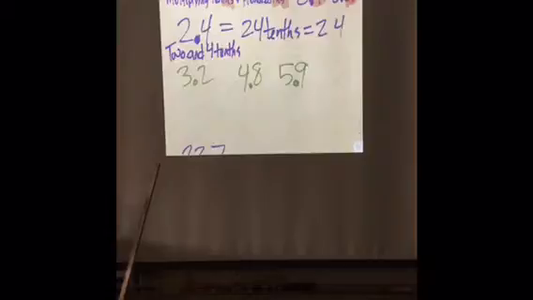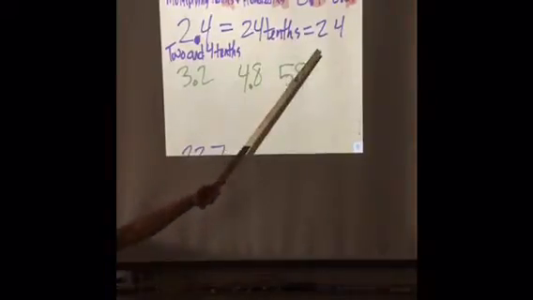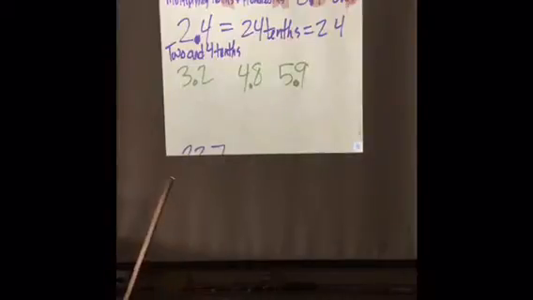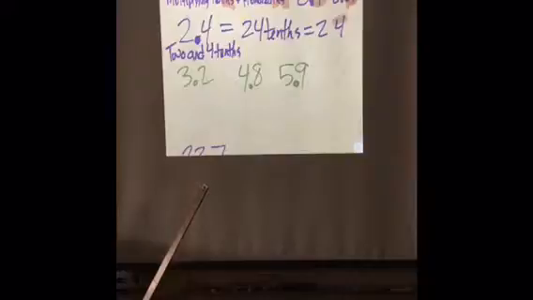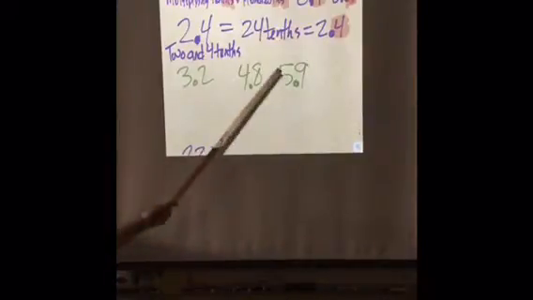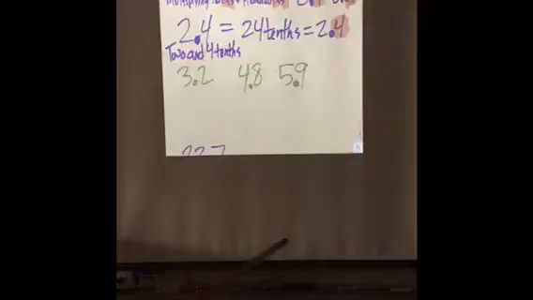I have my 24, and when I'm saying tenths, how many places are behind the decimal? One. So if you notice, I could highlight my one thing, and I could put my decimal point right in front of it. And 24/10 is actually 2 and 4/10. Okay? Does that help?